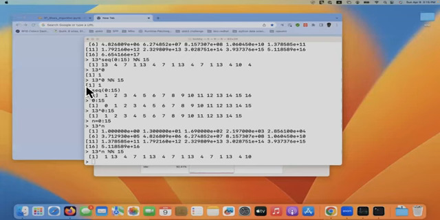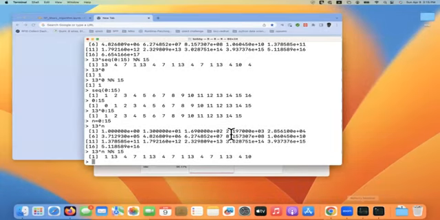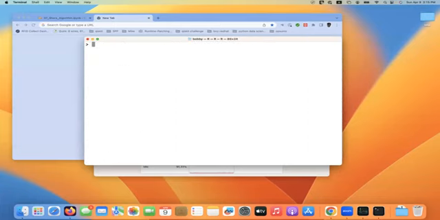Okay, let's go to this one here. I prepared this for you. I'm using the application called R, so I'm very familiar with it.